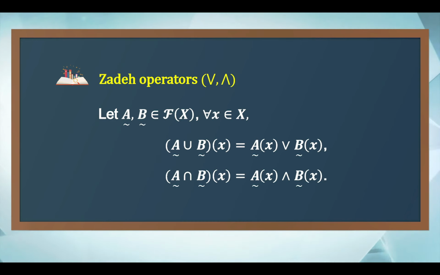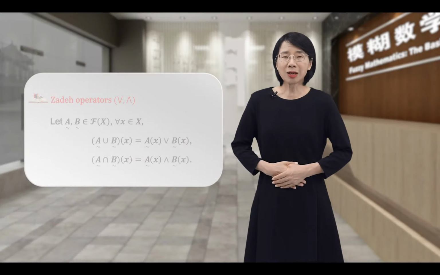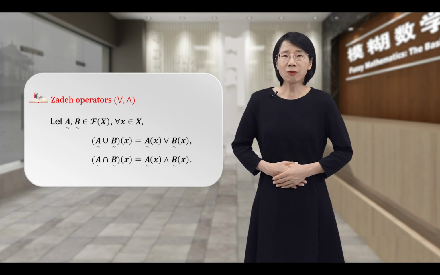An operator similar to the maximum operation is temporarily called generalized maximum. The operator similar to the minimum operation is temporarily called generalized minimum. I'd like to mention that we will not give the definitions of generalized maximum, generalized minimum, and fuzzy operators at the very beginning of this lecture.